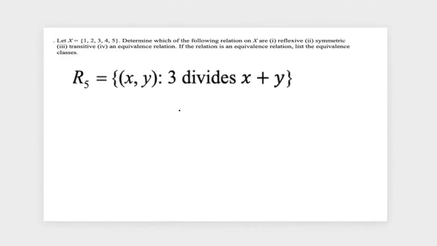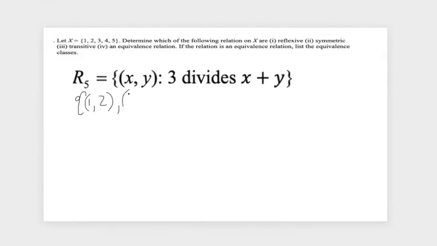Determine if this is reflexive, symmetric, transitive, and an equivalence relation. First things first, it says 3 divides x plus y. So 3 divides the sum of the x and y coordinates. So we can use (1,2), because 1 plus 2 is 3, and 3 divides 3.